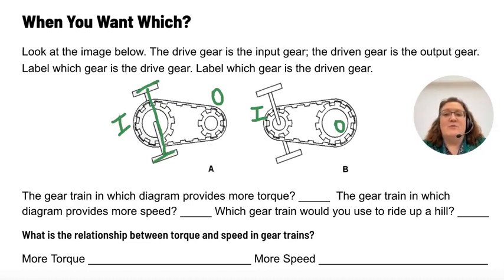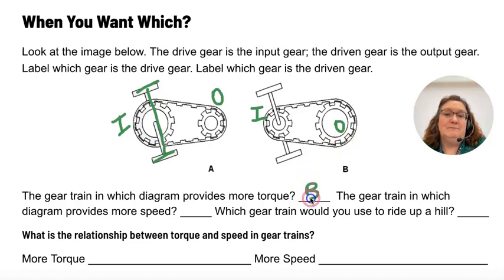The gear train, and which gear train provides more torque. So think about it. If I'm spinning this one around once, this one's going to turn more than once. So that means it's got to go slightly faster. If I turn this one once, this one doesn't even go all the way around. That's going to give me a slower speed, which means it's going to have more torque.